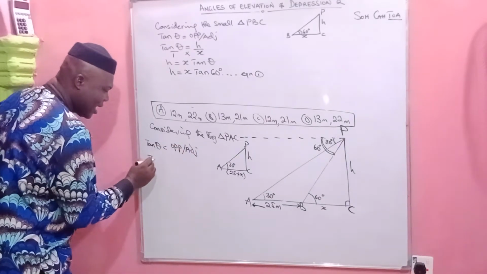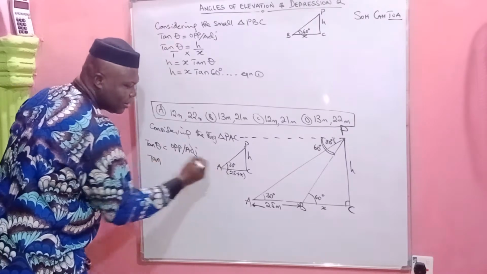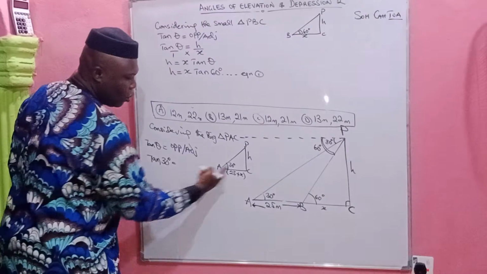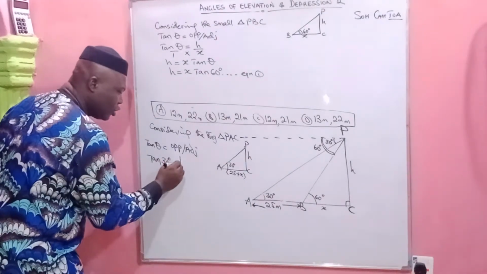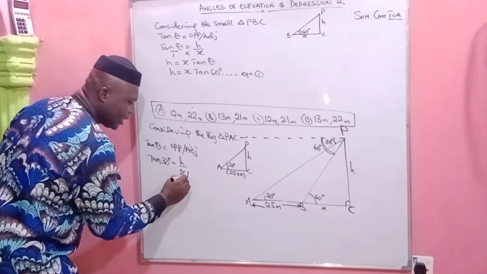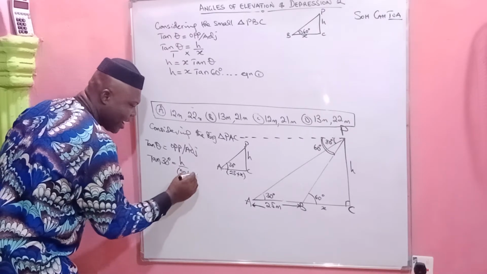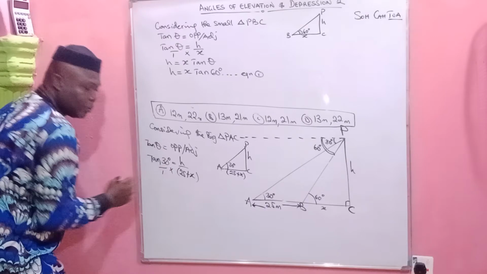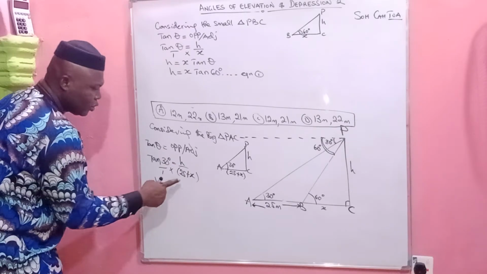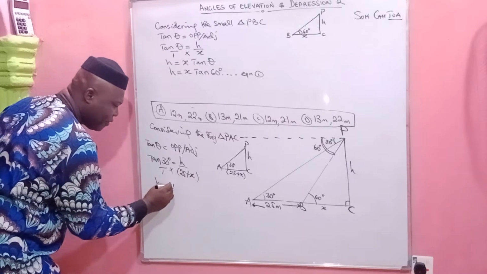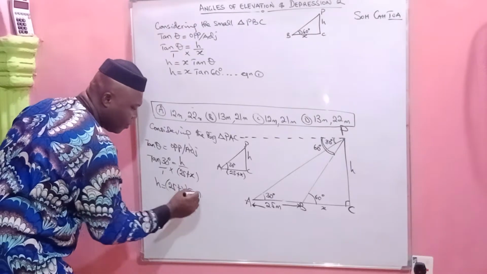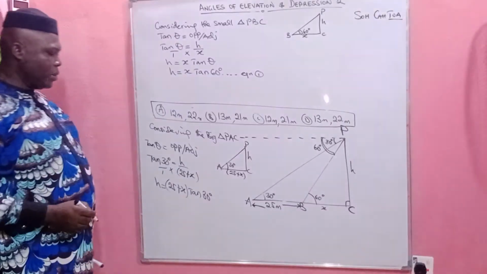So our tan of theta, the theta is now 30 degrees, will be equal to the opposite, that's H, all over the adjacent, 25 plus X. So we'll make this over 1 and cross multiply. H times 1 will give us H is equal to 25 plus X times the tan of 30 degrees.